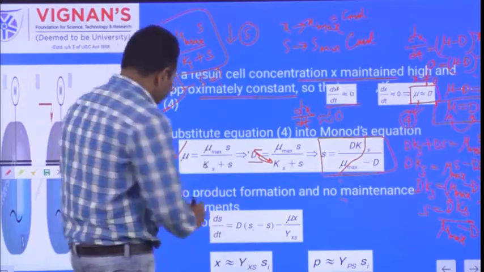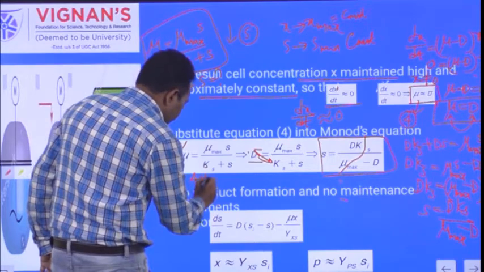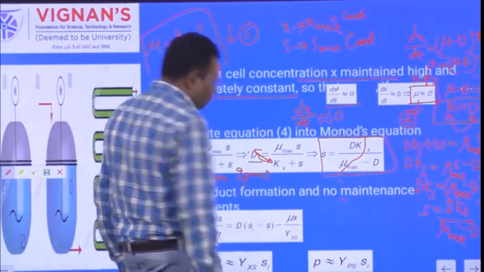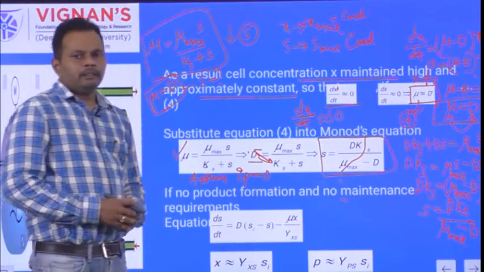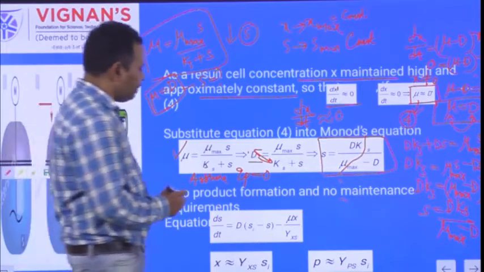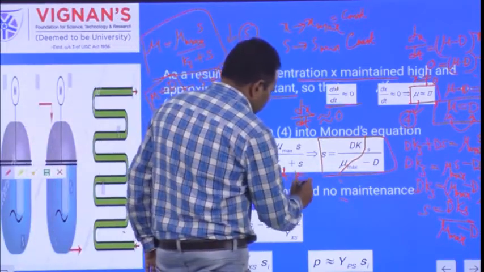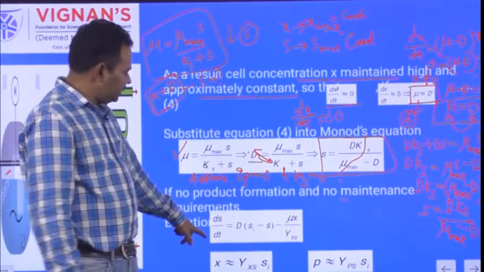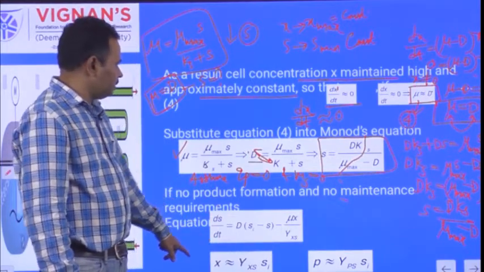Suppose you assume no product formation, the specific rate of product formation Qp be 0, and also assume the substrate consumed for maintenance activities is also 0, so Ms becomes 0. When Ms and Qp become 0, then the substrate concentration change with respect to time, this equation becomes what?